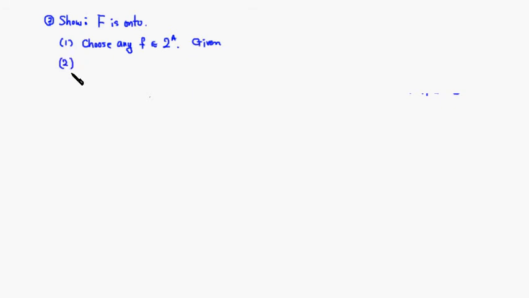Right, so we have to find an element in the power set of A such that the capital F of that set actually goes to this f right there.